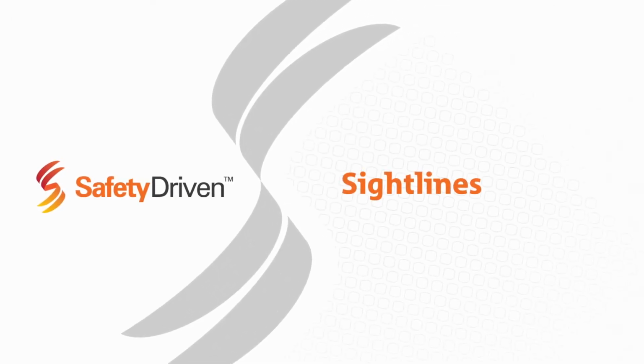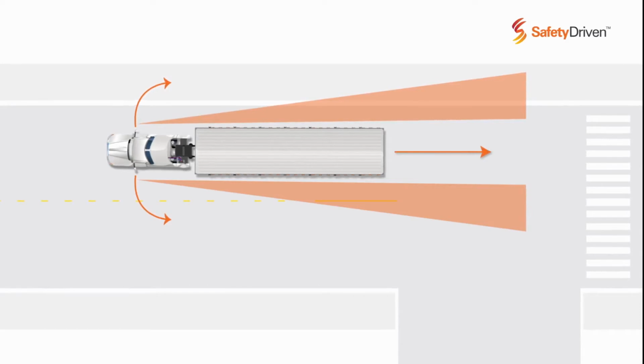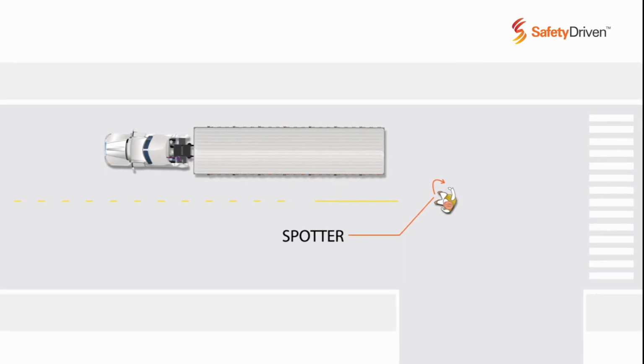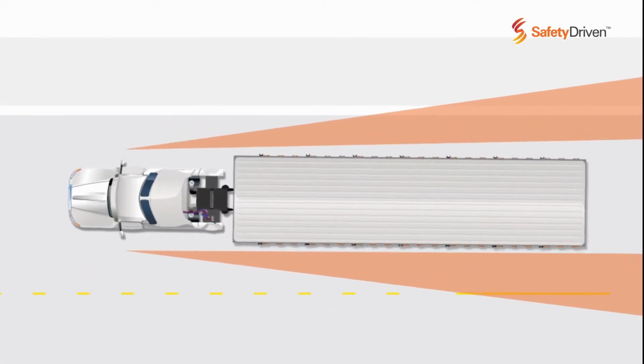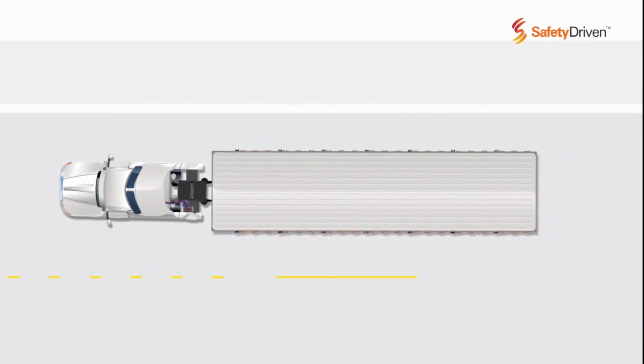Sight lines. Large vehicles have significant blind spots or areas outside the range of the mirrors and directly behind the vehicle. It is the responsibility of the spotter to safely direct the operator through these areas. When reversing, the operator can lose sight of the back of the trailer and where it is going.